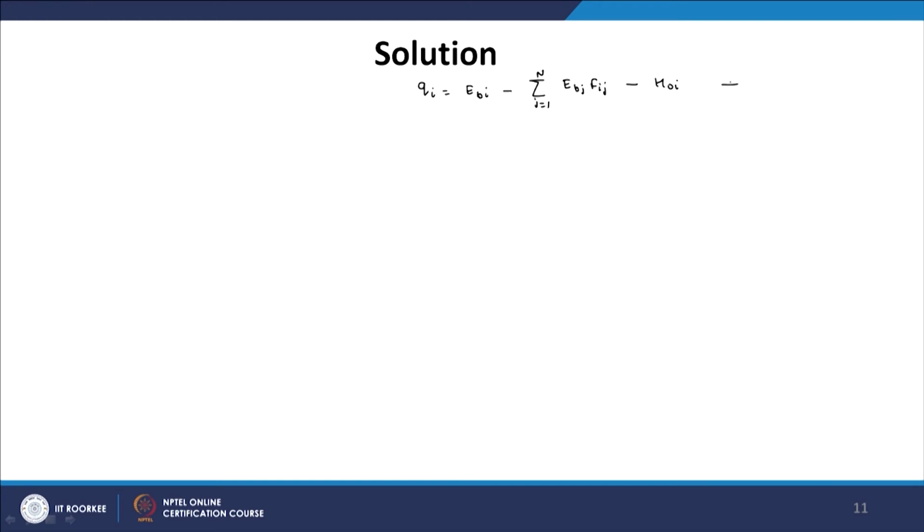So, this H naught i is irradiation from outside the enclosure. Okay. So, H naught i is the irradiation outside the enclosure.